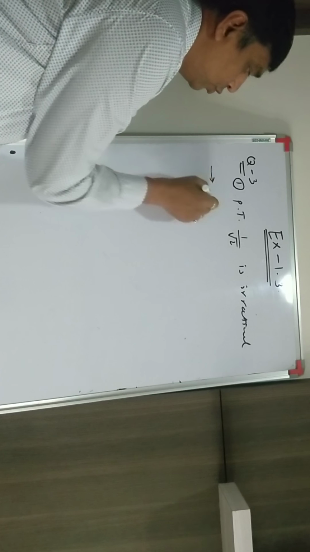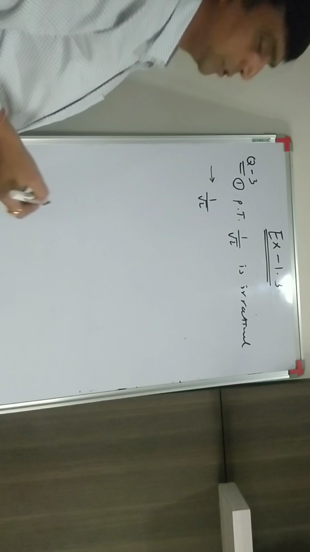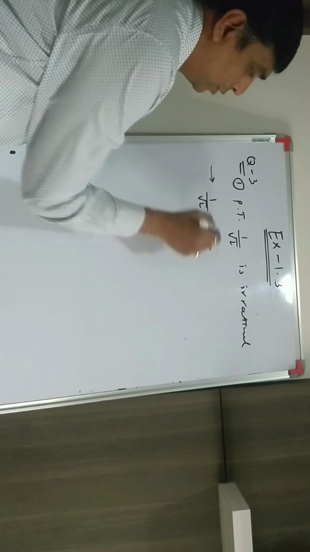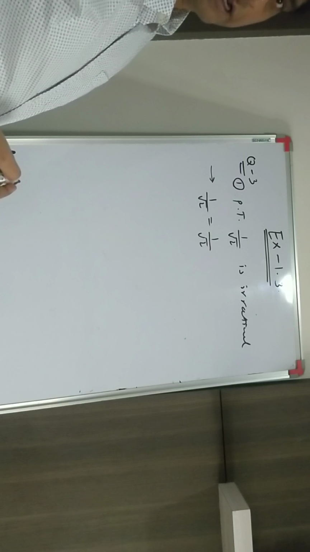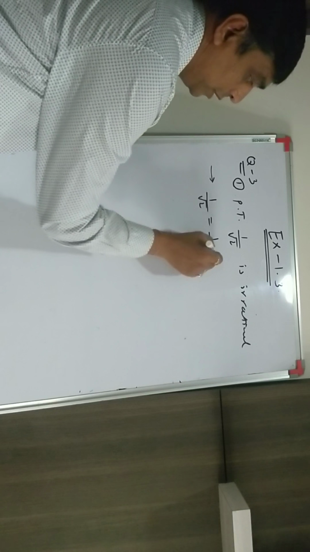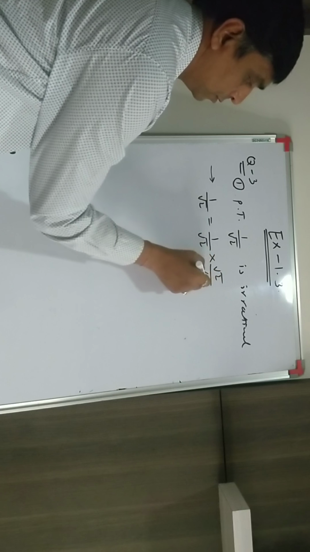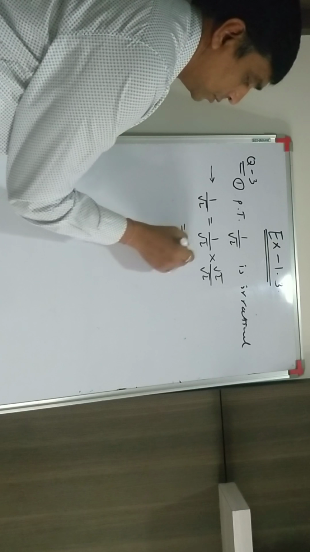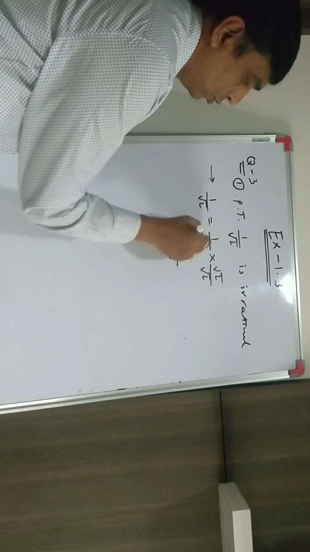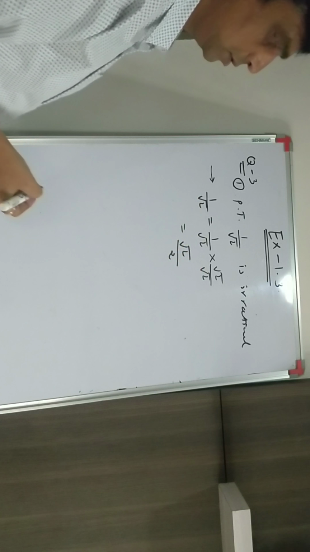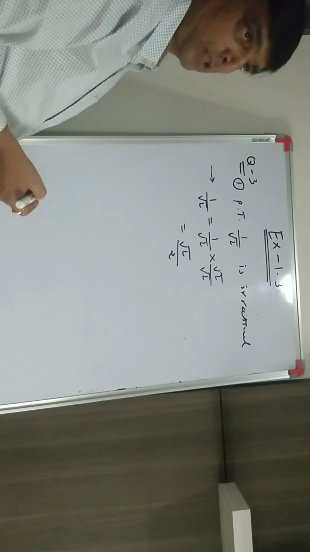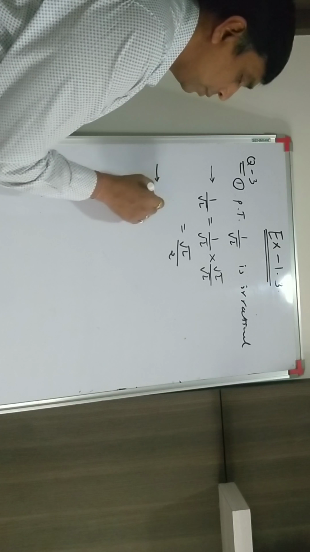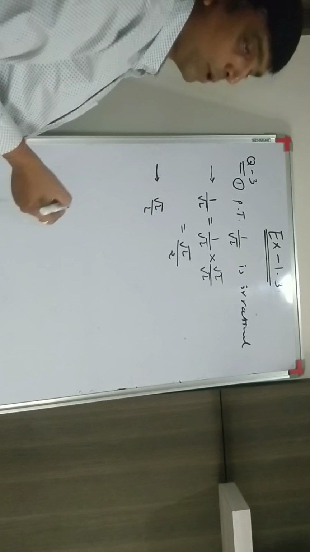In 1 upon root 2, denominator is irrational, that is root 2. So first we have to rationalize the denominator, done in 9th standard. So multiply and divide with root 2. So now it becomes root 2 into 2, that is root 2 into root 2 is 2. So denominator rationalized. So now 1 upon root 2 can be written as root 2 by 2.